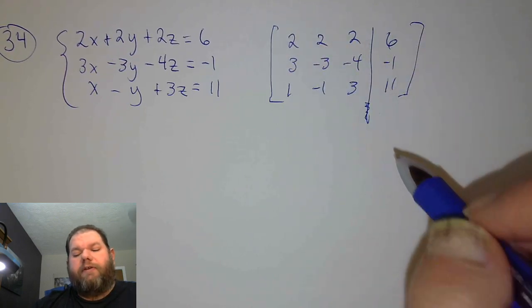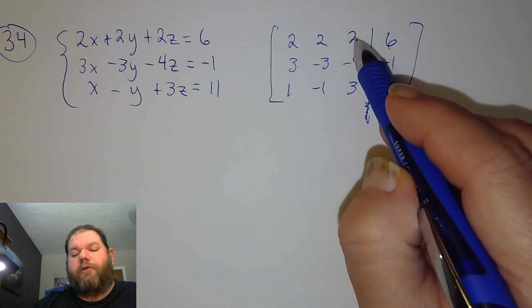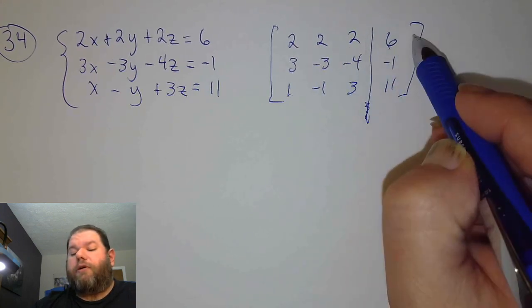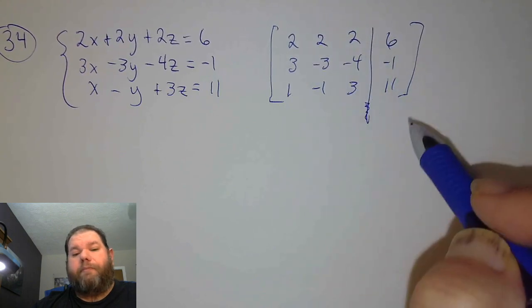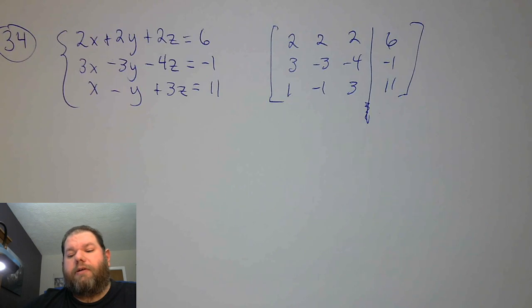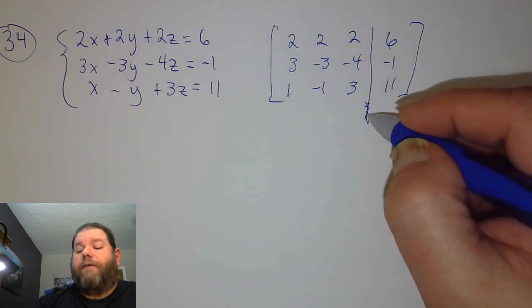But probably the easiest thing, since all of these numbers are even to begin with, is to take row 1 and divide everything by 2, and that would also give us a 1 in that first position. I think that's the easiest way to go because it only affects that one row.